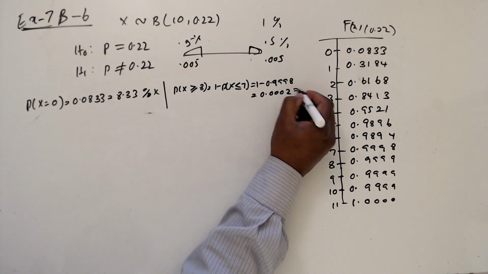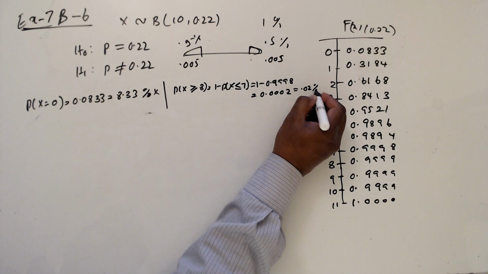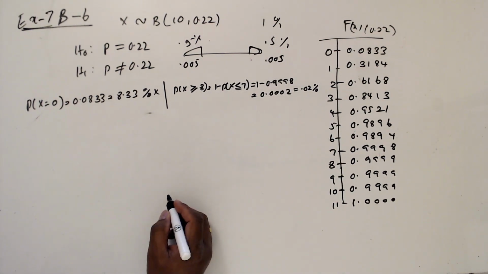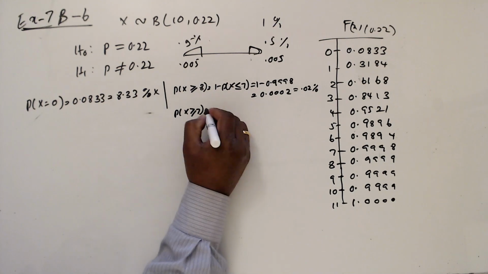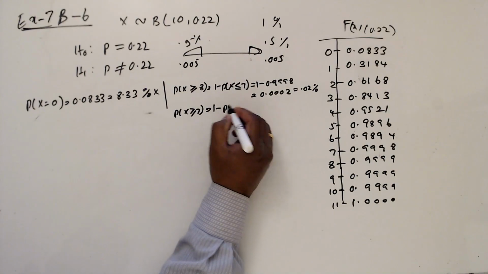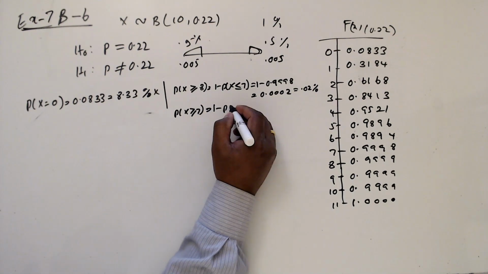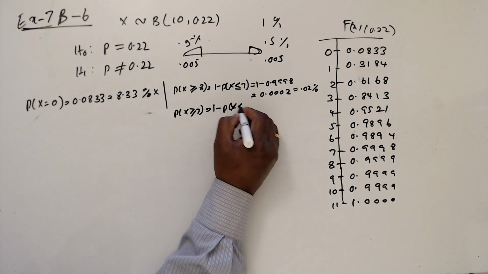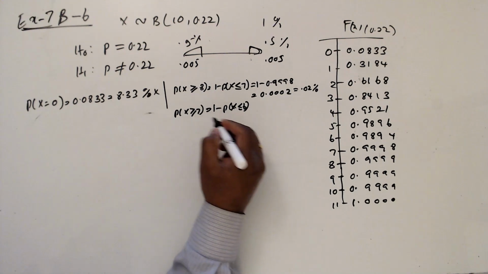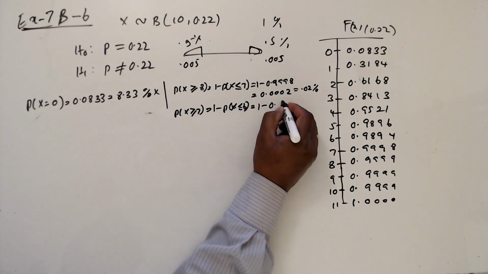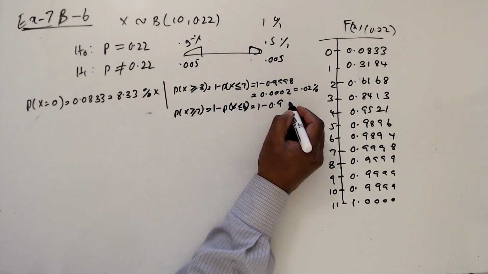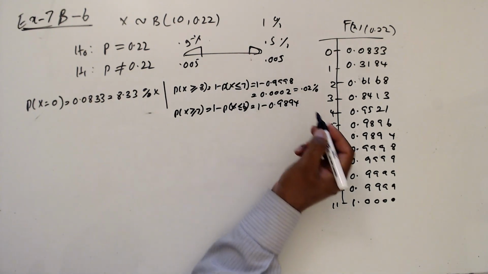So this is going to be 0.02%. Now the probability of x greater than or equal to 7 is 1 minus the probability of x less than or equal to 6. That is 1 minus 0.9894.